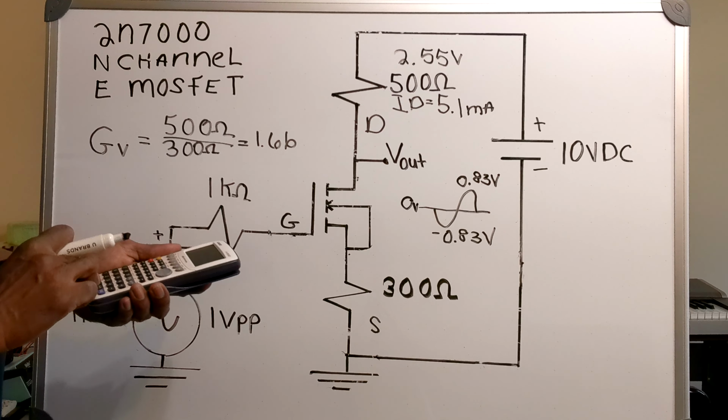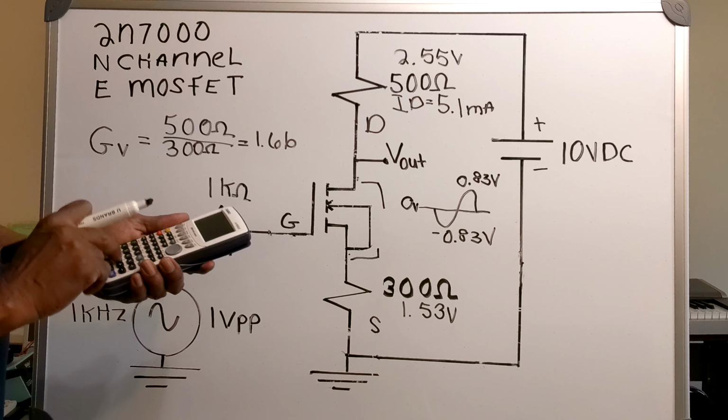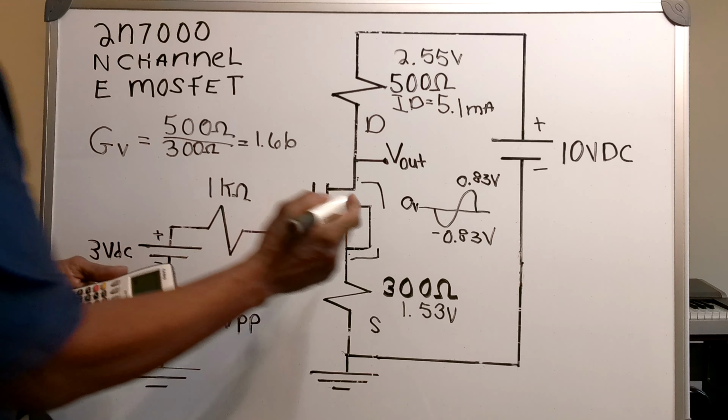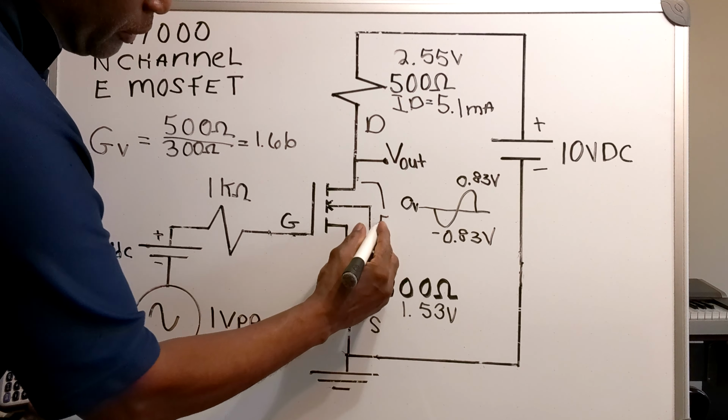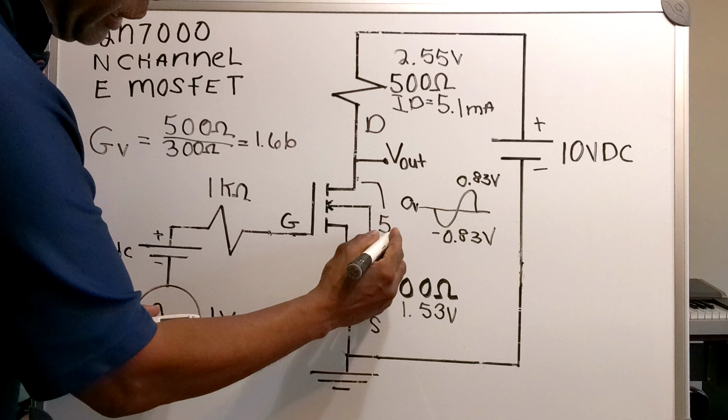Now I need my VDS voltage right here. So I'm going to subtract these two voltages from my 10 volt DC source. So I'm going to go 10 volts minus 2.55 volts minus 1.53 volts, and that gives me a VDS voltage of 5.92 volts.